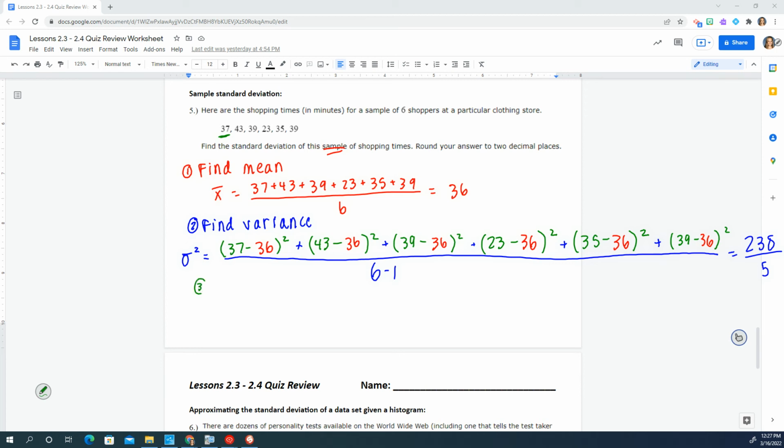Then I can find the standard deviation by square rooting the variance. Okay, what is this one? Rounded to 2 decimal places, I got about 6.9.